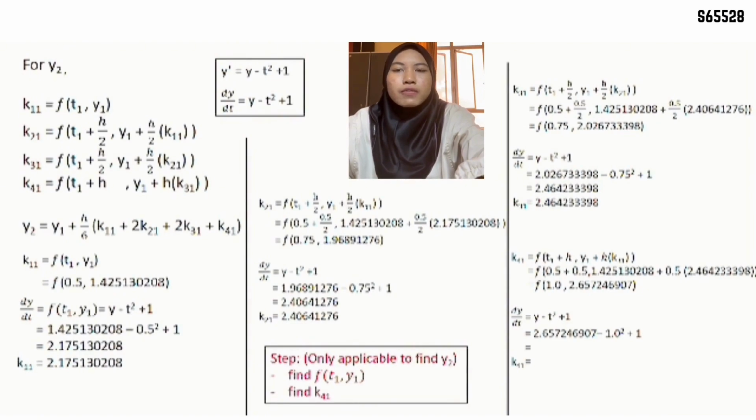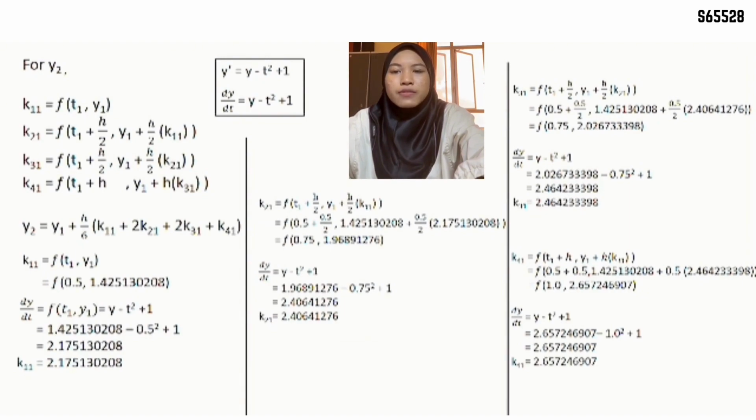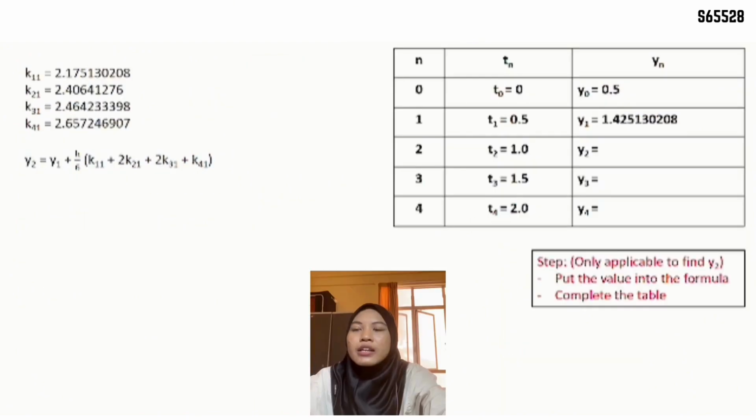And then we substitute the value of y and t in the equation of y minus t squared plus 1, and we get the answer of k41, which is 2.6572469007. And then the value of k11 is 2.175130208, k21 is 2.40641276, and k31 is 2.4642338, and k41 is 2.6572469008.